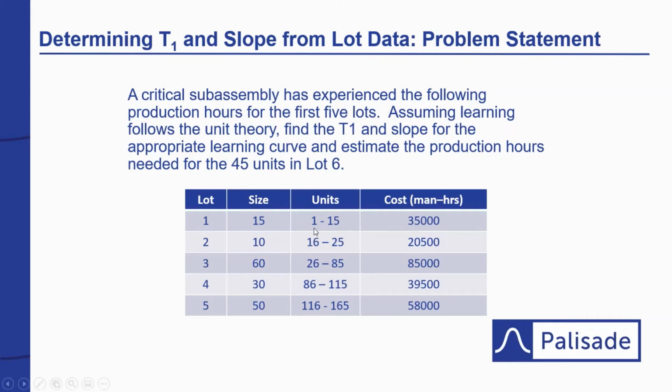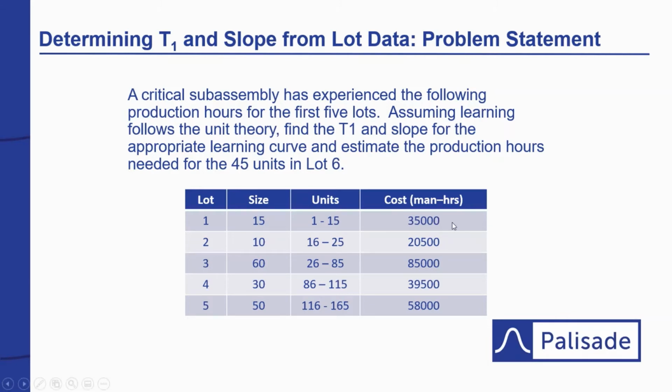So if it's taking place, then unit 1 takes more than unit 2, 3, 4, on down to 15. All I know by dividing 35,000 by the 15 units in that lot is what on average the 15 units are going to cost or take to produce.